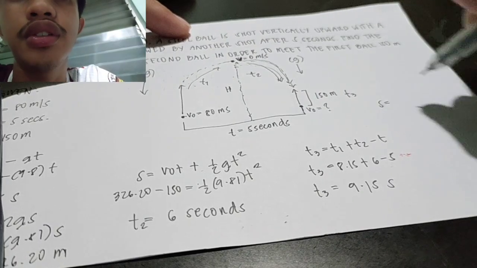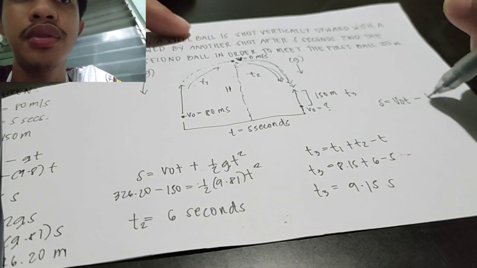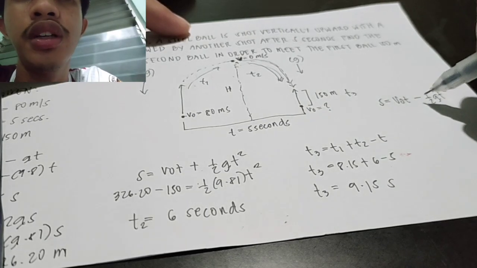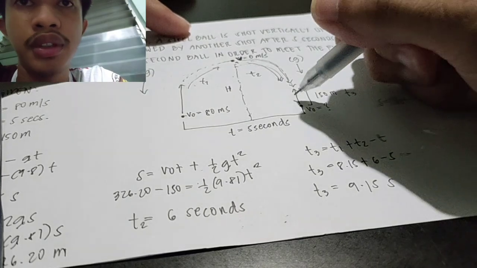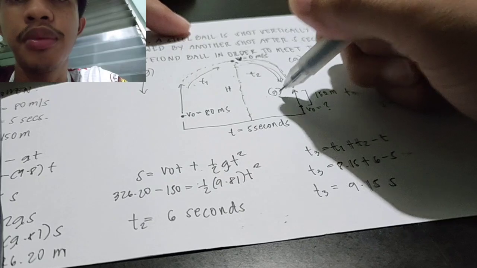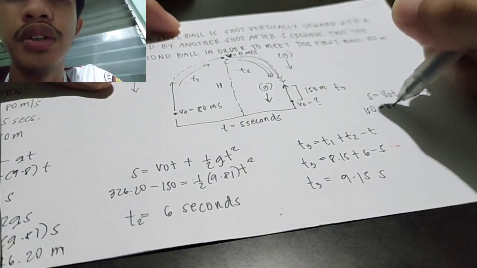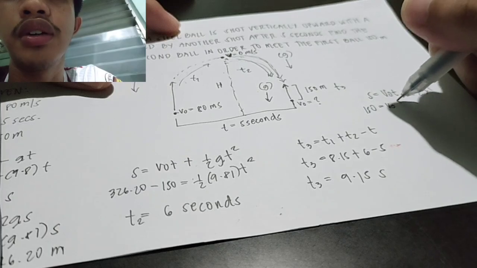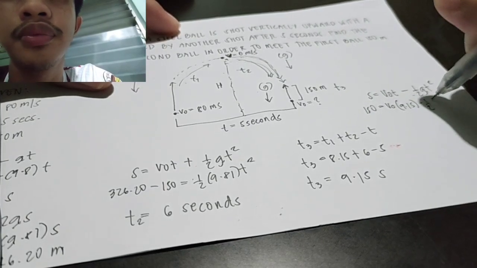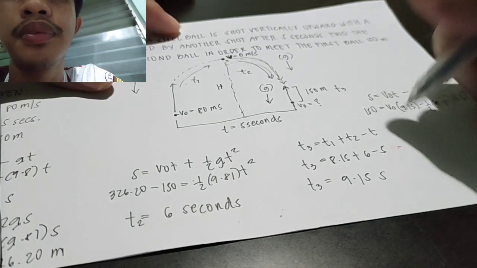So S is equal to VOT minus 1/2 gT squared. I am going to use a minus because the motion is going upward, yet the motion of gravity is going downward. So S is 150, VO is the variable that we are trying to find, times 9.15, minus 1/2 times 9.81 times 9.15 squared.